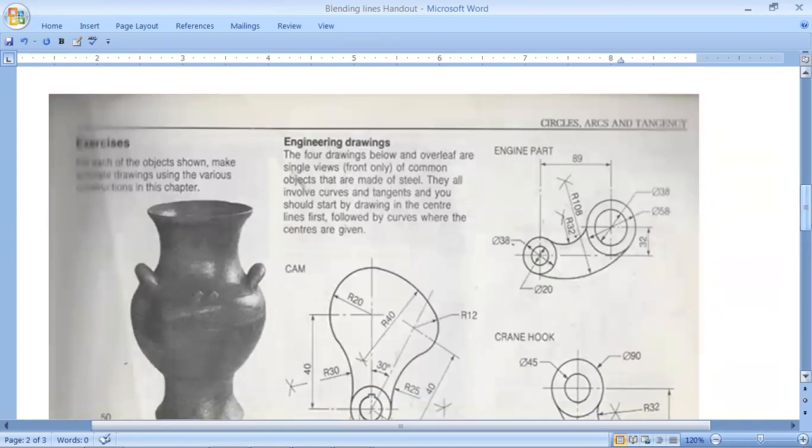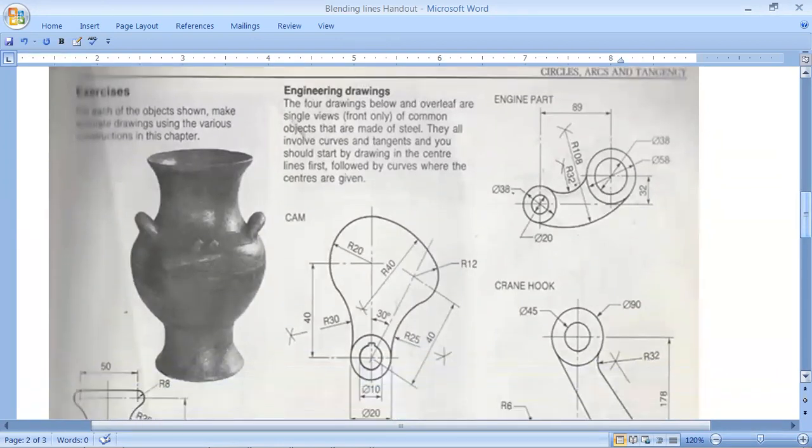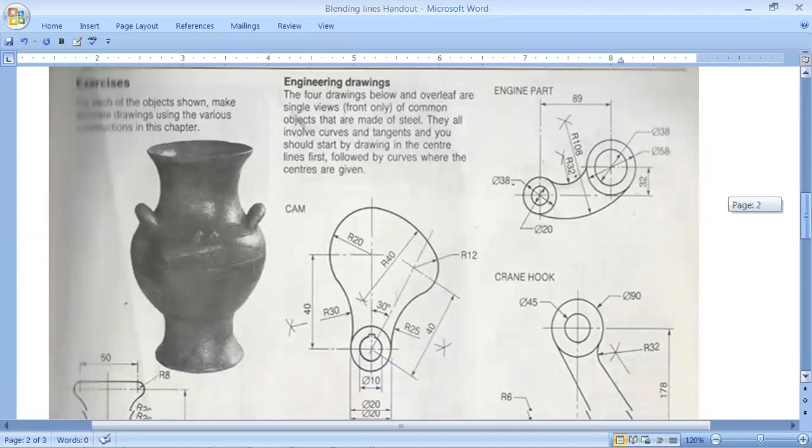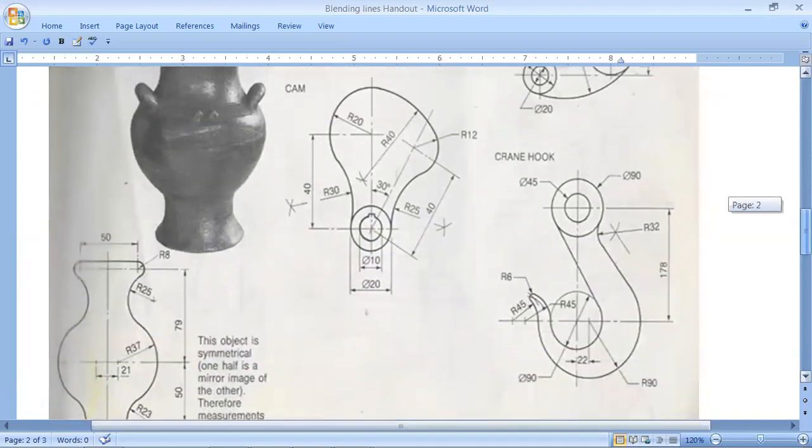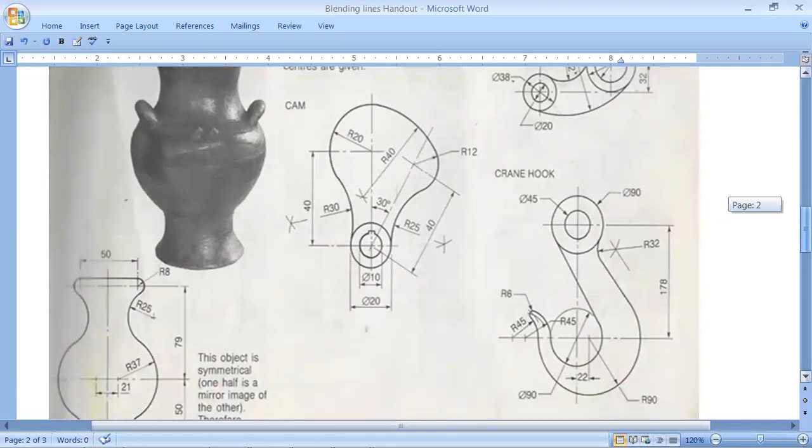That is for the practical class. We're going to be practicing all of these. I'm going to post another video demonstrating how to do these four exercises, for you to have an idea of what's going to be done in the practical class.